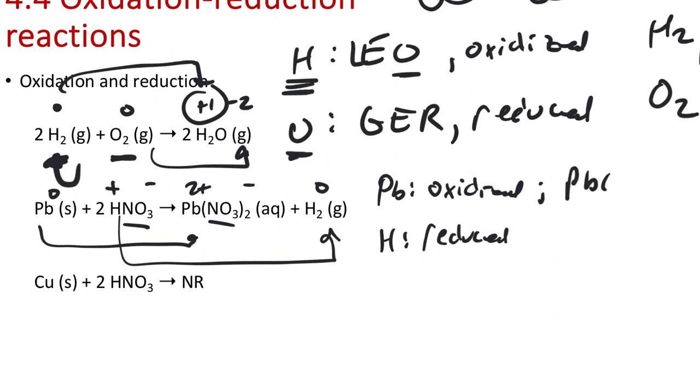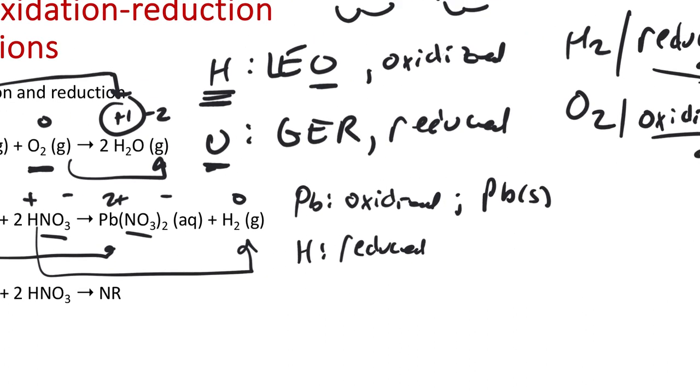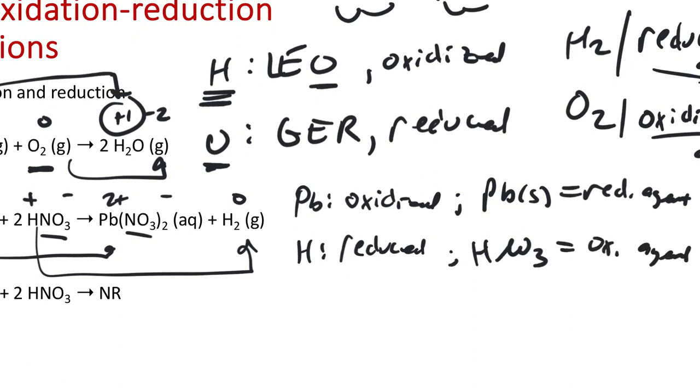And so lead solid would be the reducing agent. And then HNO3 would be the oxidizing agent. So nitric acid facilitated the oxidation of lead. Therefore, that's why it's called the oxidizing agent.